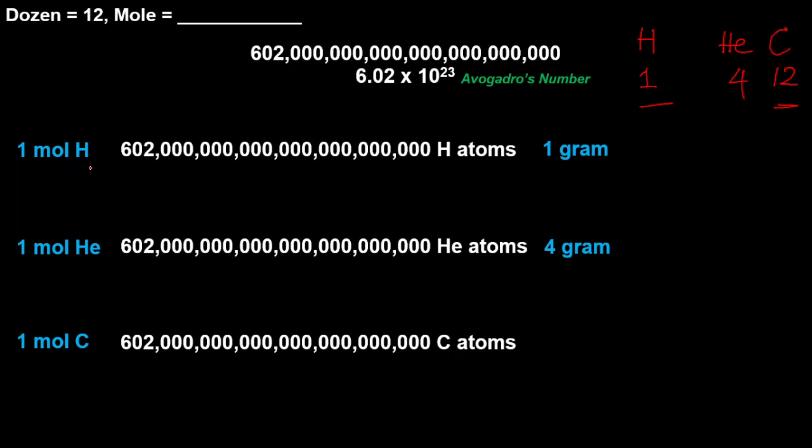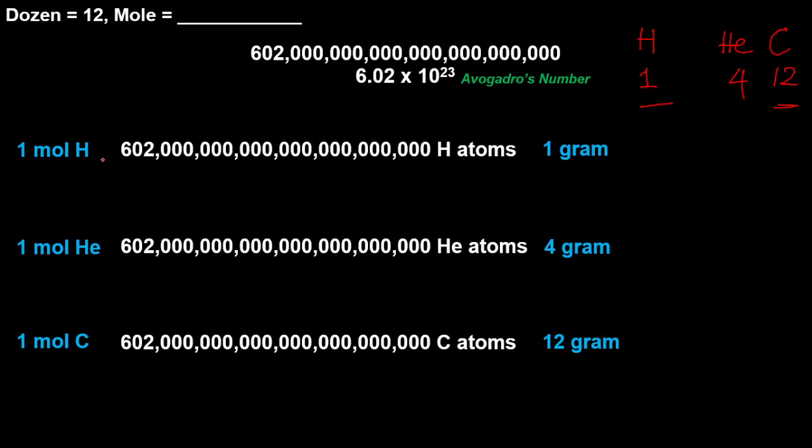So 1 mole of hydrogen, 1 mole of carbon, the same number of particles, but since carbon is heavier compared to hydrogen, the same number of particles will have different mass. So the mass of 1 mole of carbon is equal to 12 grams. So again here, they have the same number of particles, 1 mole, 1 mole, 1 mole, but they have different mass.